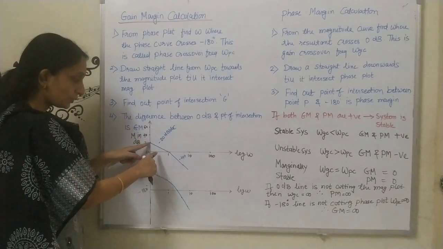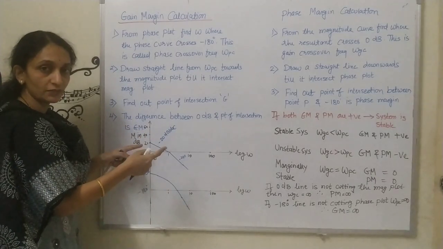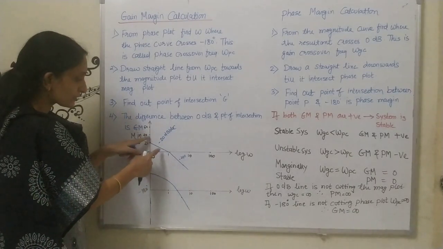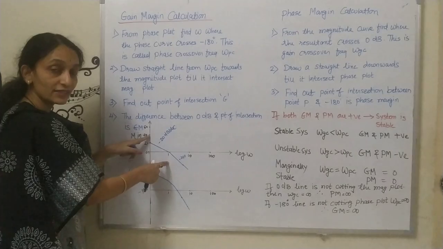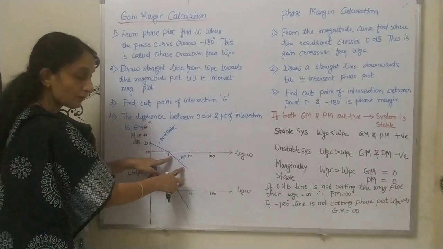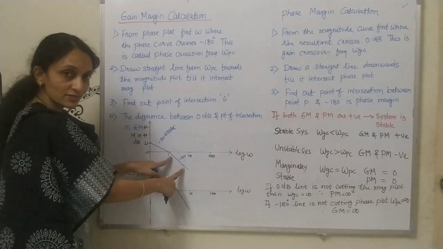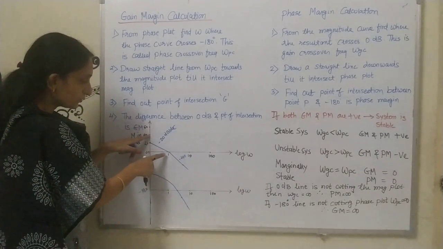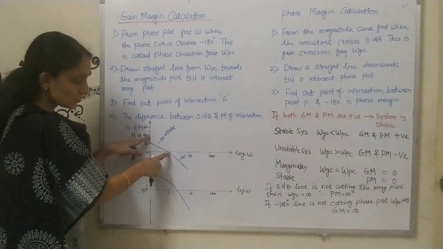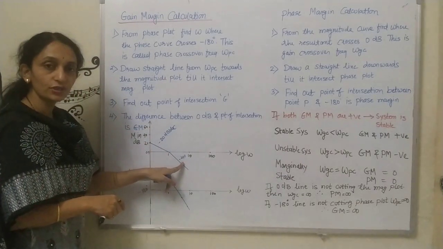When you join 20 and the first decade, that line slope will always be minus 20 dB per decade. Then suppose I draw 40 and 1, that line slope will be minus 40 dB per decade. So here I have shown minus 40 dB per decade. For that I have used the roller scale. When I join this 40 and 1, I have extended that line, so the line slope will be minus 40 dB per decade.